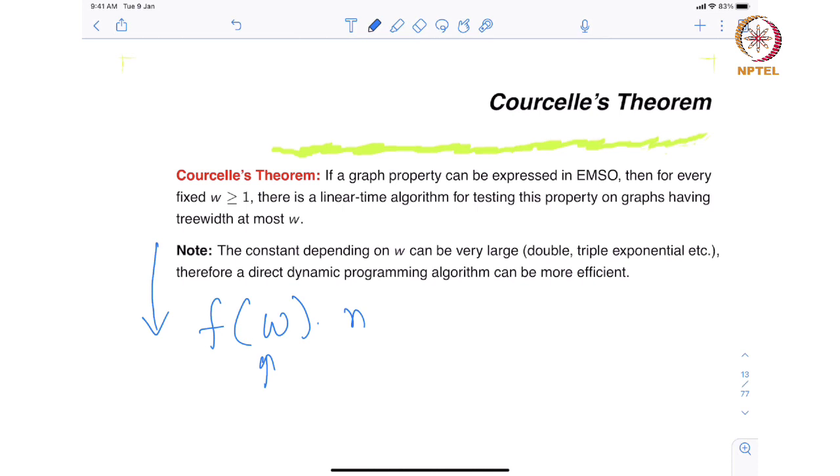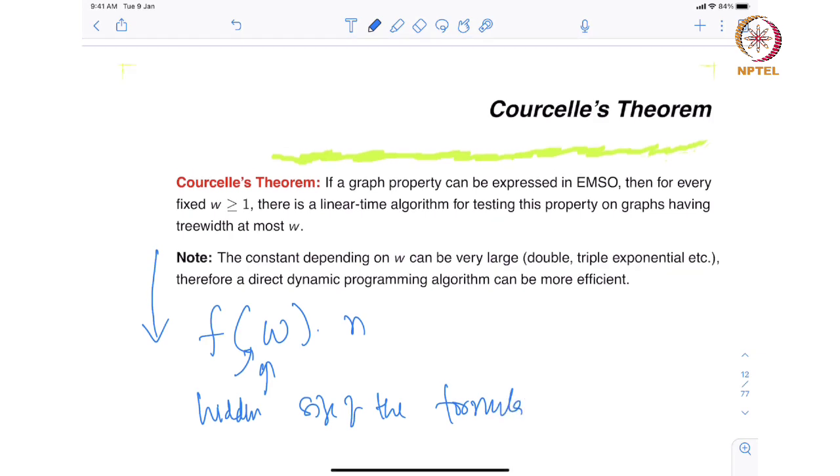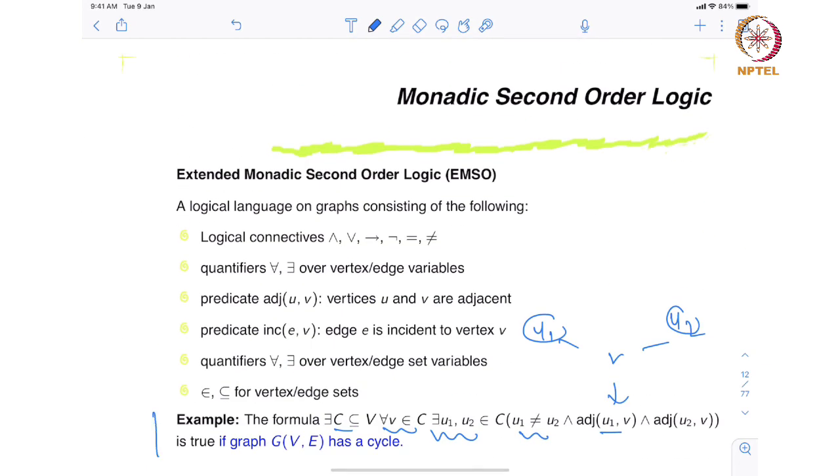So there is something hidden here. What is hidden? The size of the formula. Now look at this formula. What is the size of this formula? It is a constant length formula, because you just count the number of symbols which you use. That's it.